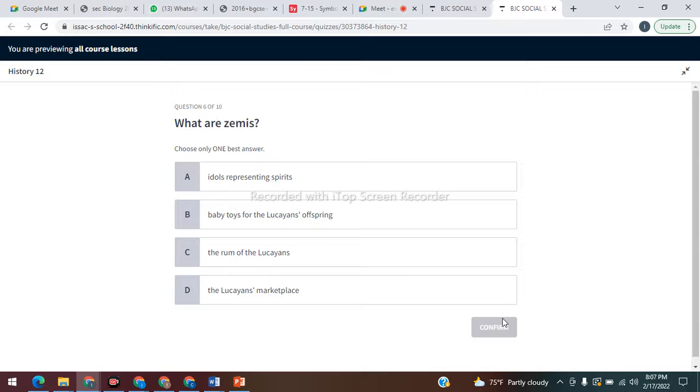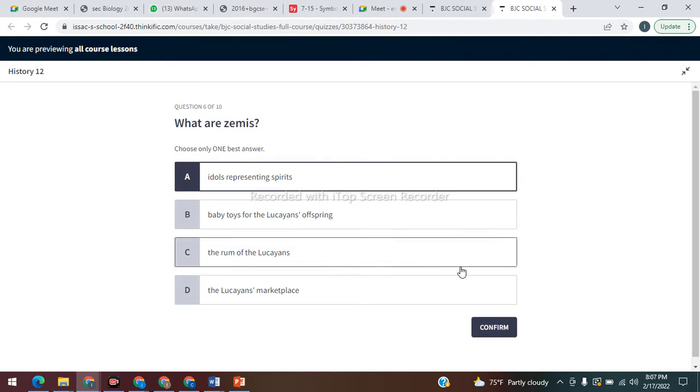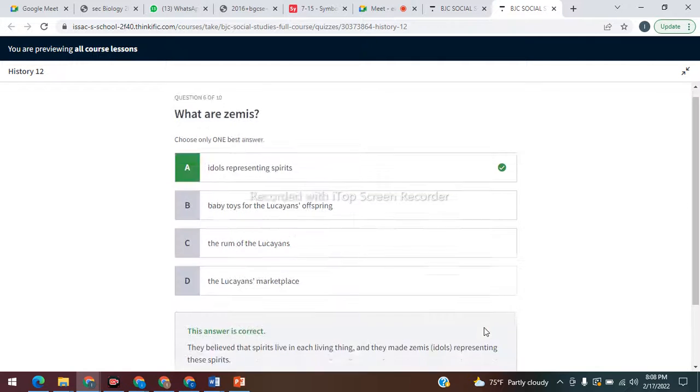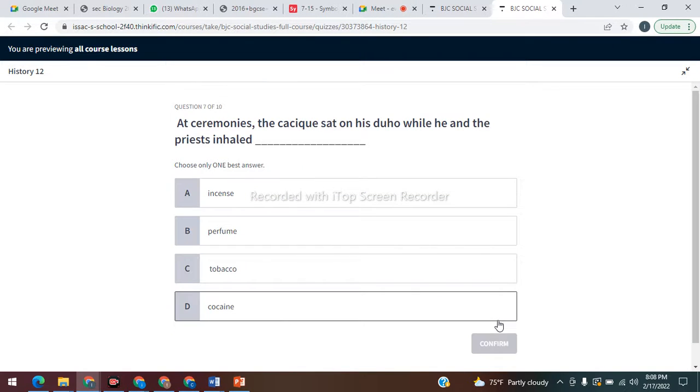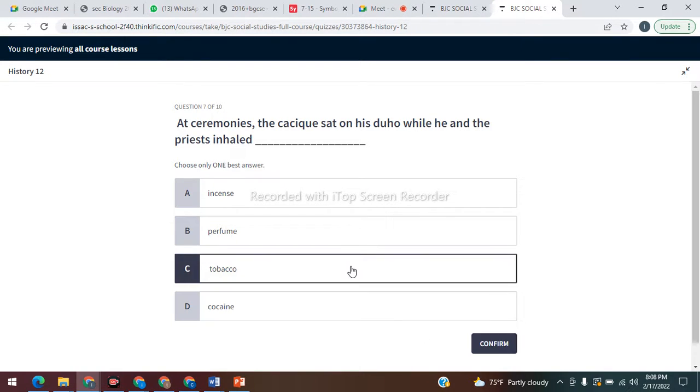A, idols representing the spirits. At ceremonies, the cacique sat on his stool while he and the priest inhaled incense, perfume, tobacco, or food. C. Tobacco.